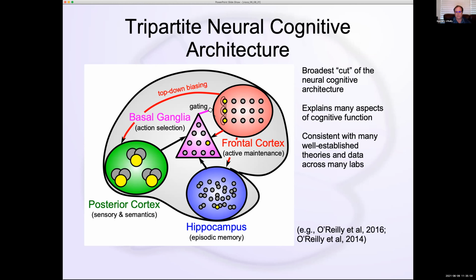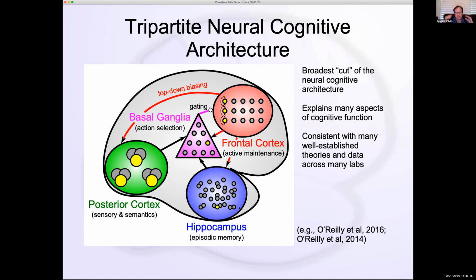You've got frontal cortex providing some kind of task relevant top-down biasing to focus on relevant aspects of information coming in from sensory cortex. And you have basal ganglia playing this critical role in the center of this architecture, updating frontal cortex step by step on what it is that we're going to do next. And so this is really the engine of sequential processing that allows us to sequence each step of cognitive processing to achieve some overall goal.